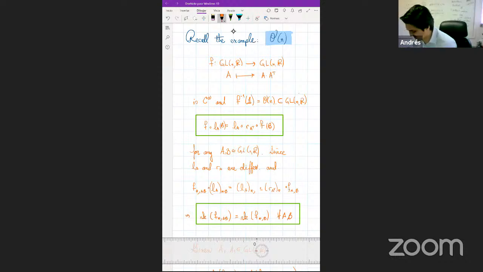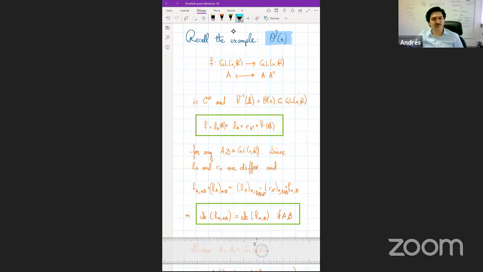So here is F, the differential here is at F of B. And the differential here is the right multiplication by A, right?